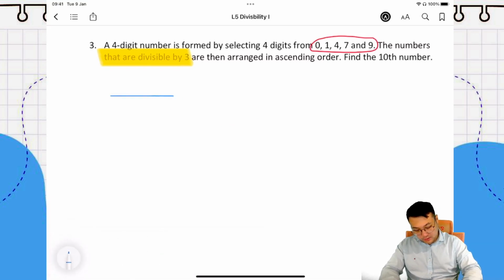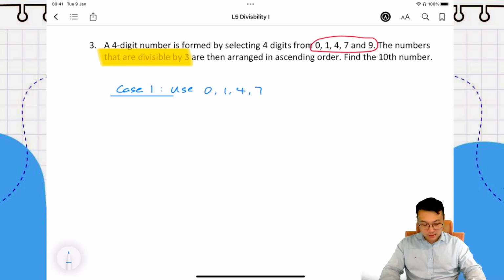Okay, let's do scenario number 1. You use the numbers 0, 1, 4, and 7. Why? Because we know that 0 plus 1 plus 4 plus 7 is 12.